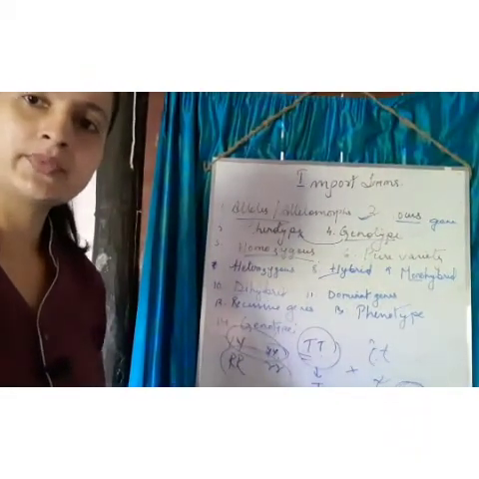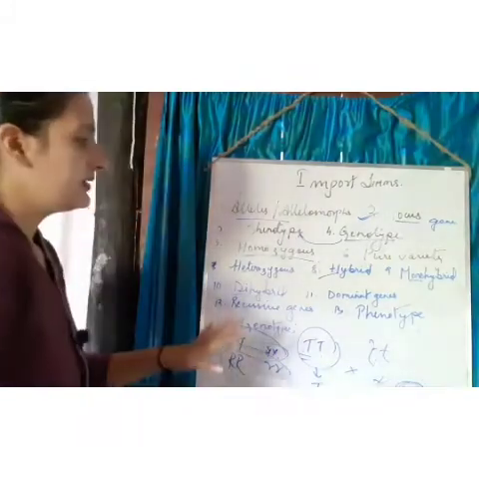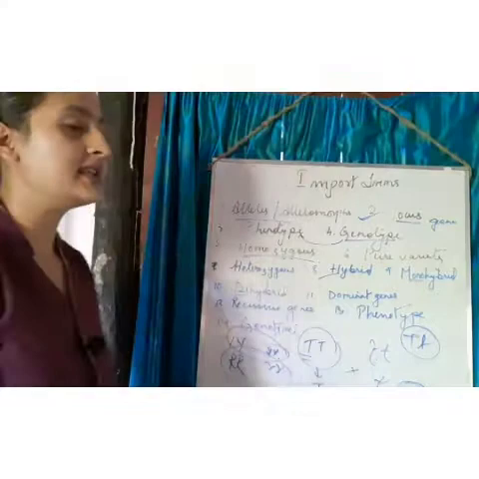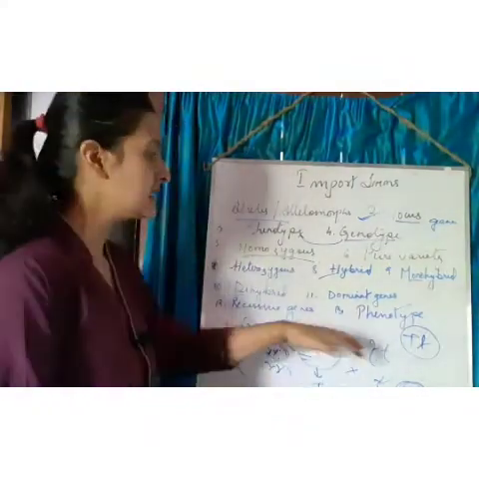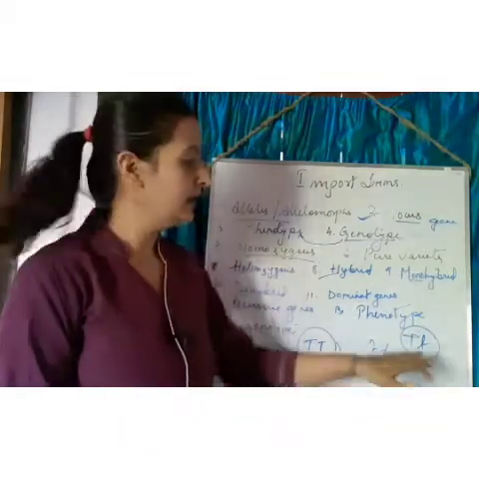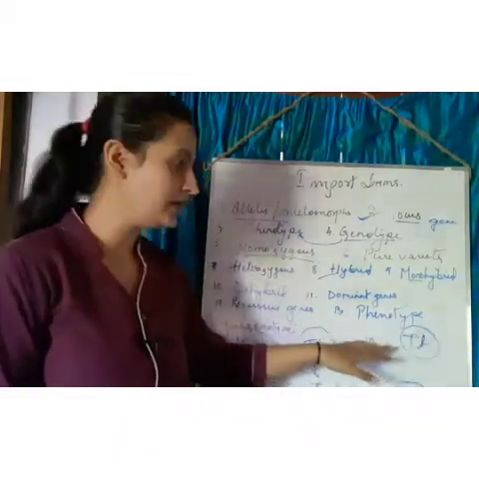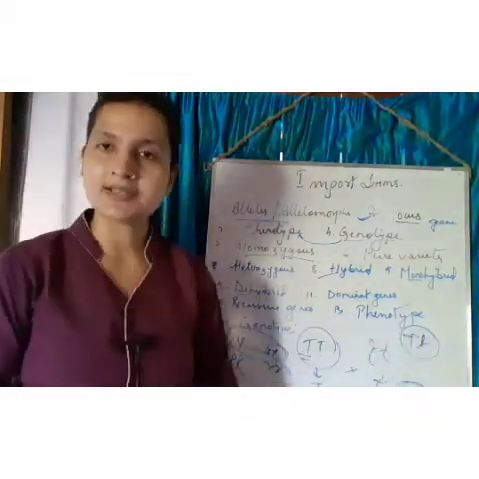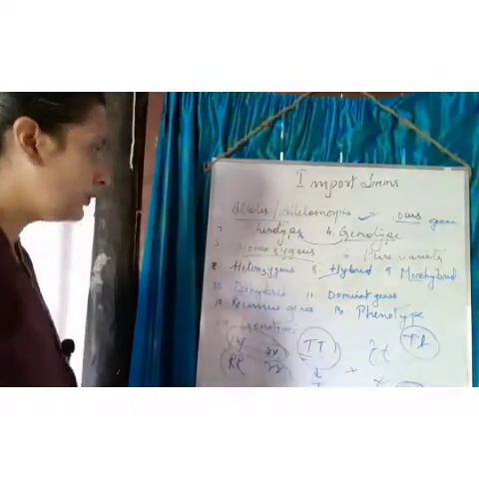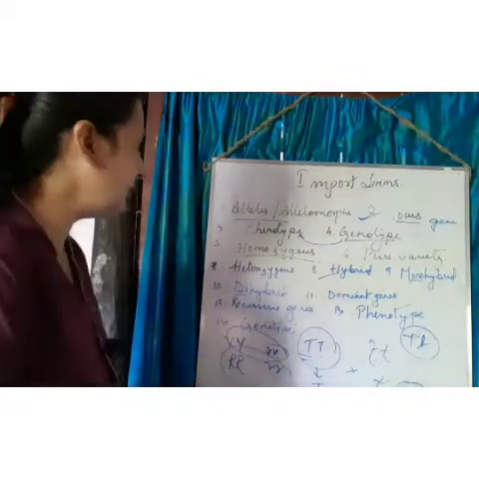Okay, fine. So here the progeny that is obtained is tall. It means that the tall character is overpowering the dwarf character. So here the tall is the dominant character and the dwarf is the recessive character. I hope that this is clear to you.